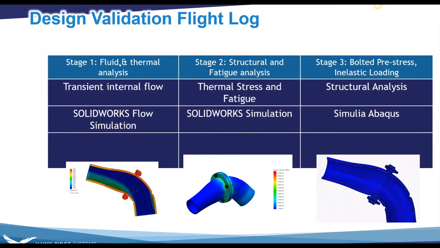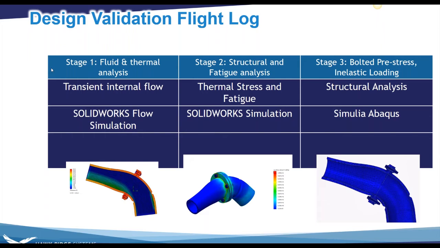So coming back to where we are in the series, in stage 1, we did SOLIDWORKS Flow Simulation, so fluid flow and thermal analysis based on a transient flow. In stage 2, we did some thermal stress and fatigue calculations. And in stage 3, we are focusing on a structural analysis with the SIMULIA Abaqus code. So you can see across the bottom, on the left, we have our flow simulation results.